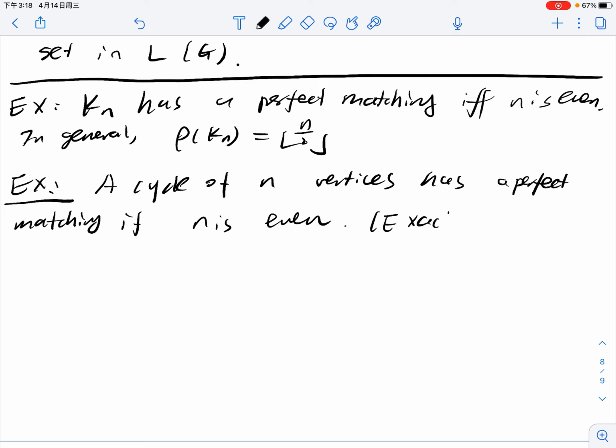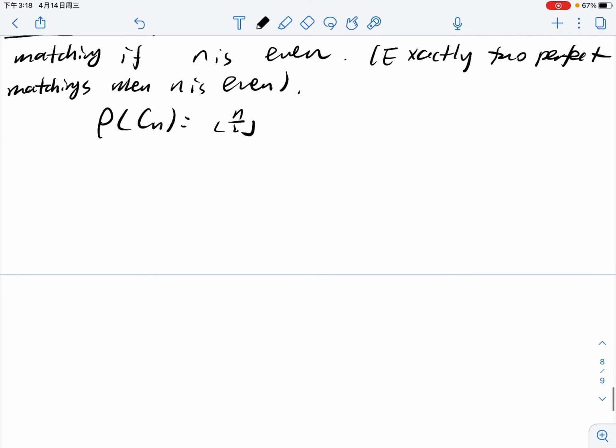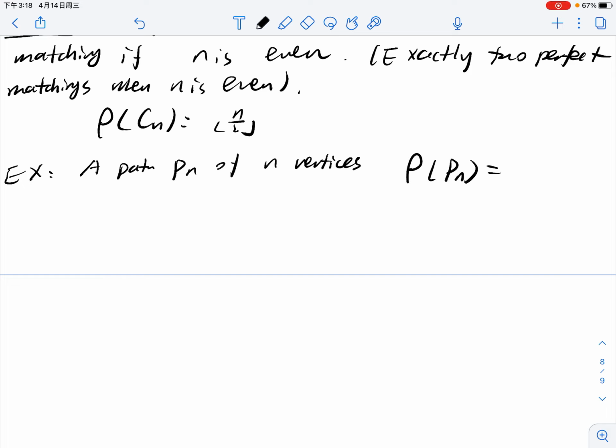In this case, actually, we have exactly two perfect matchings when n is even. And in general, the matching number is also the floor of n over 2. And for a path of n vertices, we also have the matching number is the floor of n over 2.